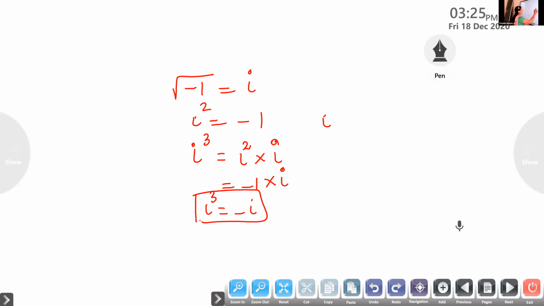What will be i raised to 4? We can write this as i square into i square. i square is -1 into -1. So i raised to 4 is 1.